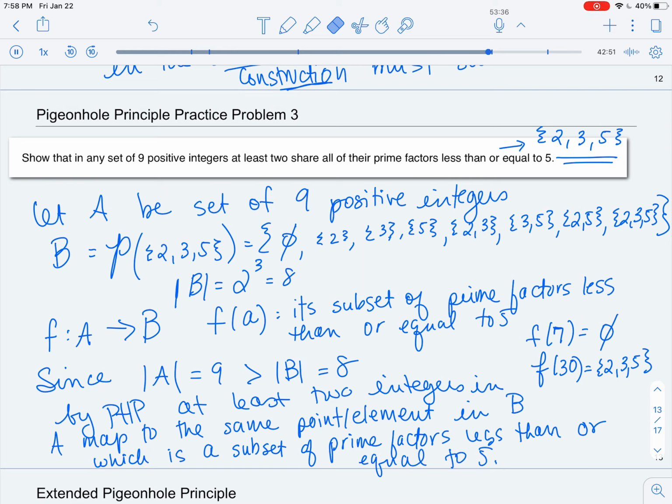So basically, when we have 2 integers mapping to the same point in B, that is, the same subset of factors less than or equal to 5, or element in the power set, that means those 2 integers have the same prime factors less than or equal to 5.